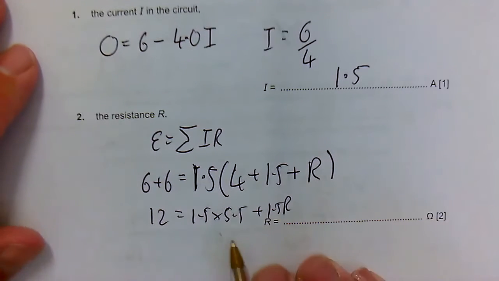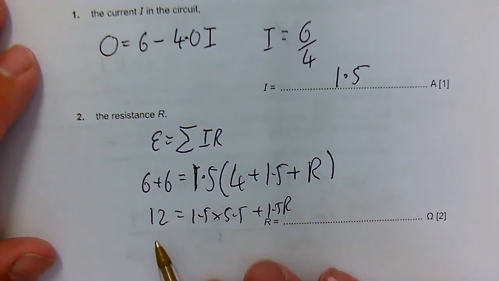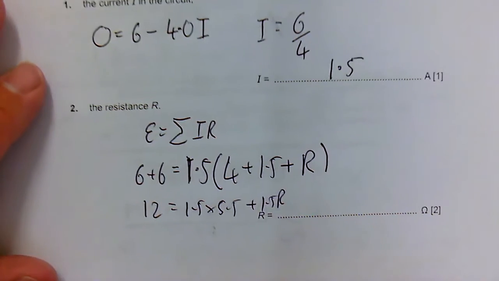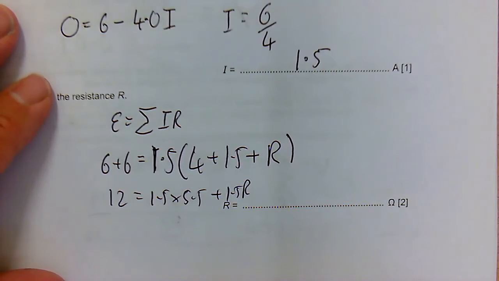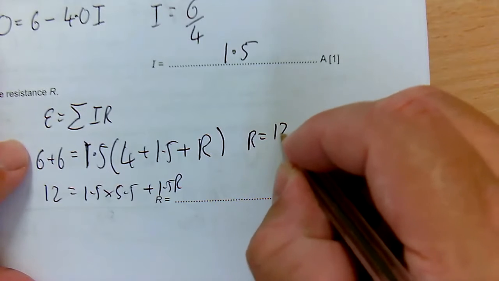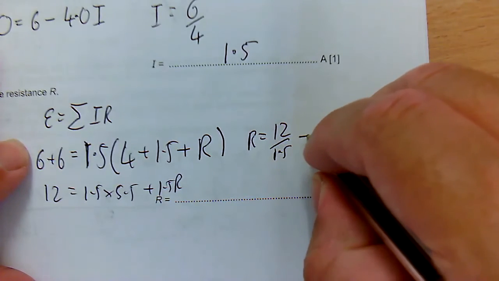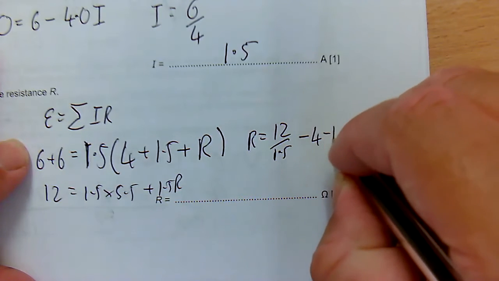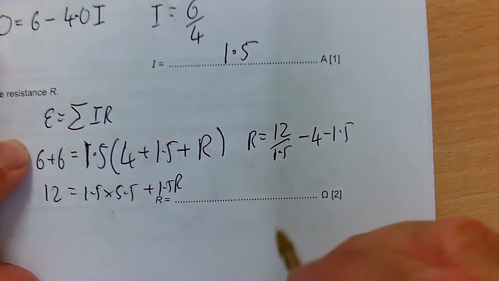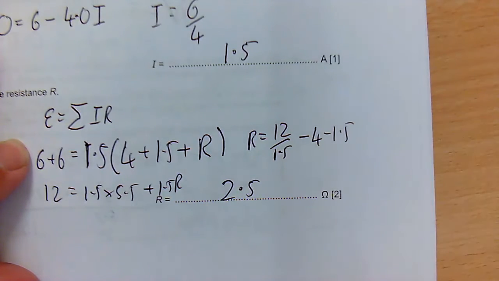And you just solve that for R. You just make R the subject. There are other ways of doing it. Divide the 12 by 1.5, and then you subtract the 4, subtract the 1.5. It's absolutely fine. We end up with R equal to 12 over 1.5 minus 4 minus 1.5. And that leaves you with 2.5 ohms as a resistance.